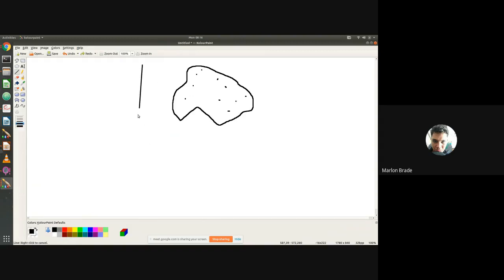Then naa tay gipili nga origin. So mao ni akong origin karon. Naghimo og origin, so mao ni akong axis. Then naa ko dire, mao ni akong x, mao ni akong y. So karon, mao ni ang location sa center of mass.